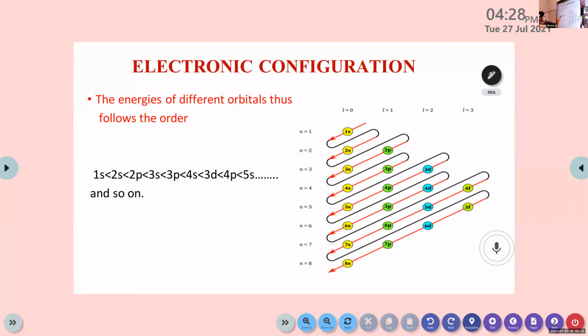And this is the order. 1s is less than 2s, then less than 2p, 3s, 3p, 4s, then 3d.